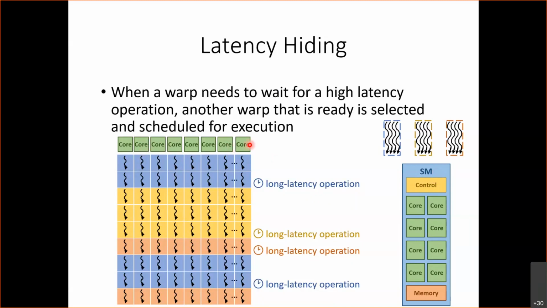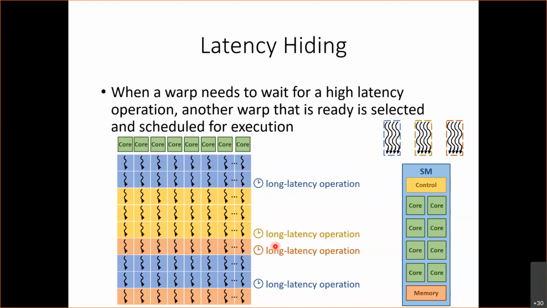Because if I have many more warps assigned to the SM than I have cores in the SM, this ensures that I will always find a warp that is ready to execute. If I only have 2 warps, I execute 1 warp, it finds a long latency operation. I execute another warp, it finds a long latency operation, and now both of them are waiting to finish their long latency operation, and I'm going to have stalls.